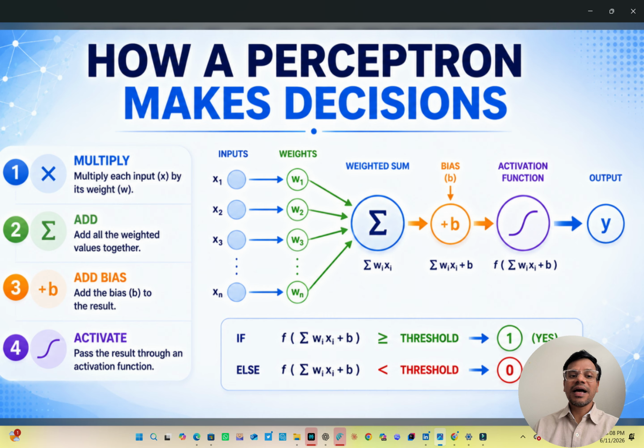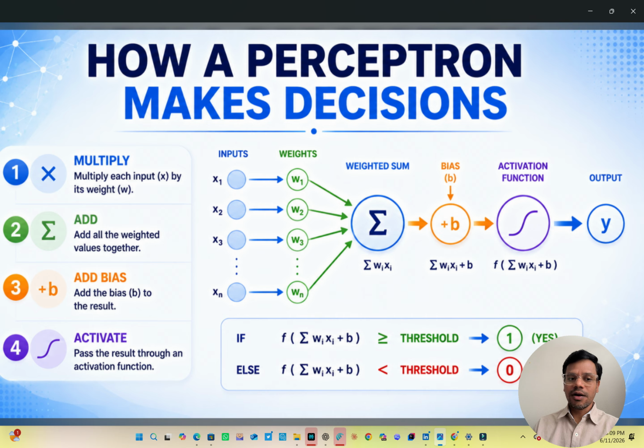Step 4, pass the result to the activation function, and the activation function determines whether the neuron should be activated or not. If the result exceeds a threshold, the output might be 1. If it does not exceed the threshold, the output might be 0. This allows the perceptron to perform binary decisions such as yes or no.